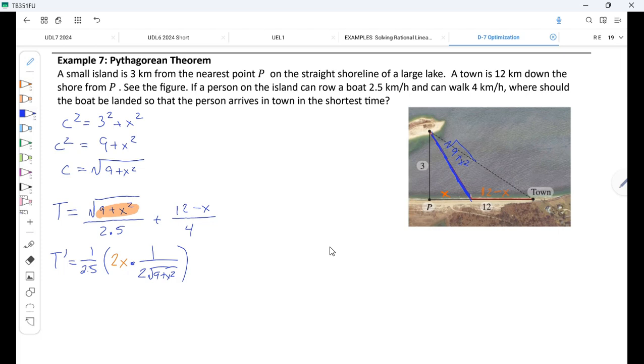All righty. 12 minus x over 4 is 12 over 4 minus x over 4, right? So the derivative of 12/4, a number, is 0. The derivative of negative x over 4 is negative 1/4, right?